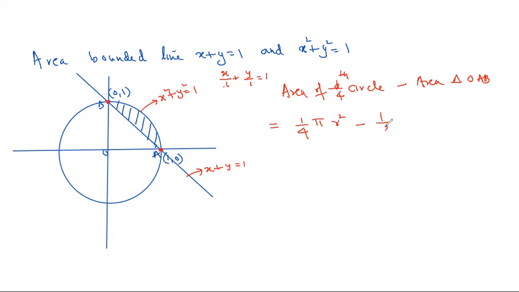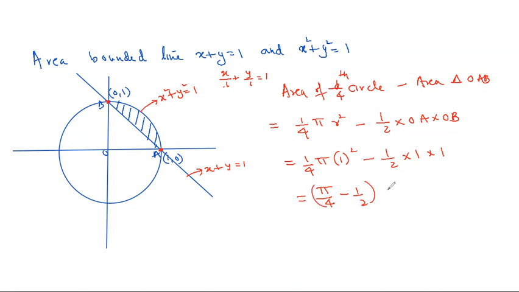And area of triangle is half into OA into OB. That is 1/4 into pi into 1 square minus 1/2 into 1 into 1. So that became pi/4 minus half square unit.